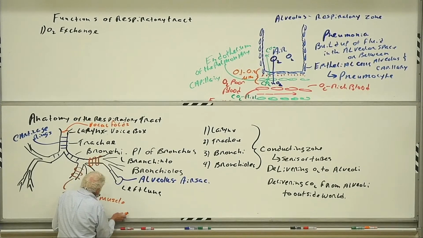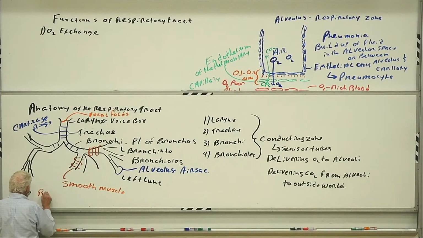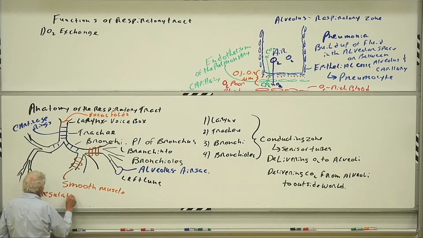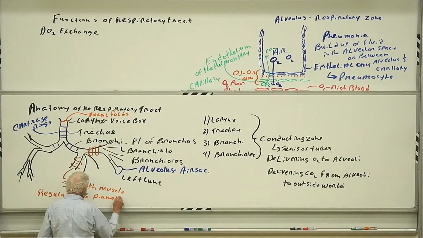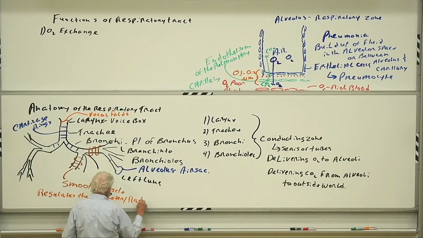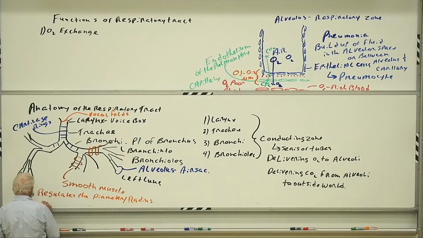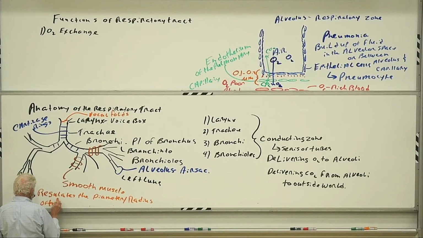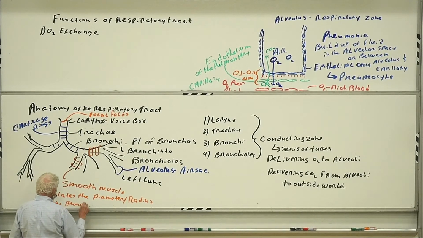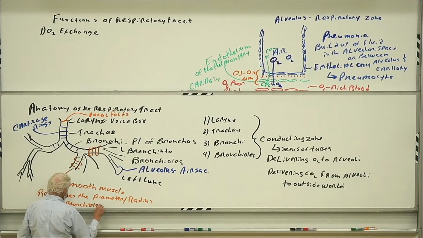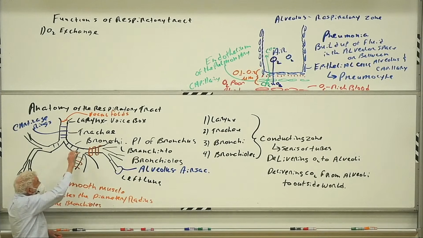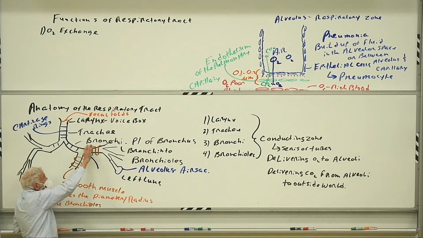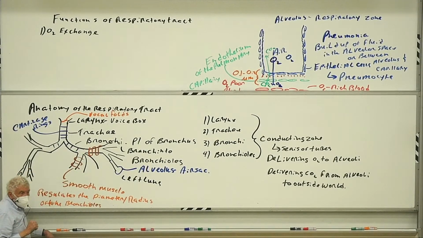And we can say here that the smooth muscle regulates the diameter / radius of the bronchioles. So the relative diameter of this conducting zone, the relative diameter of the tubes in the conducting zone, can now be modulated by the smooth muscle.